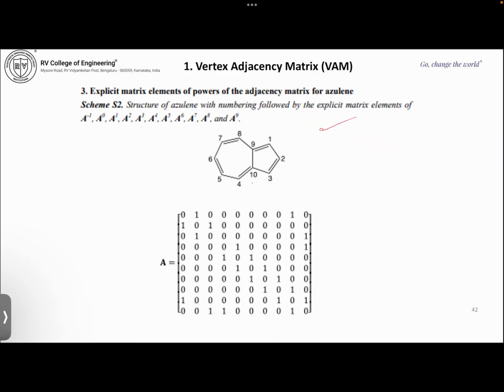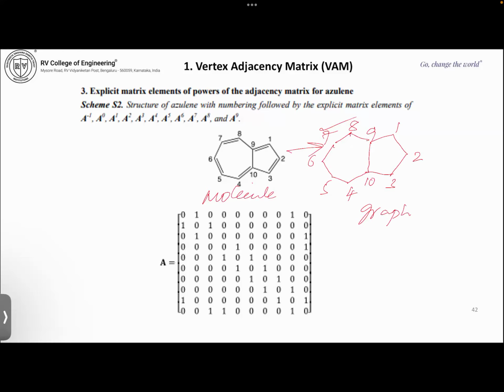This is the molecular structure, and this is the graph, 1 2 3 4 5 6 7 8, 9 and 10. This is the molecule azulene.